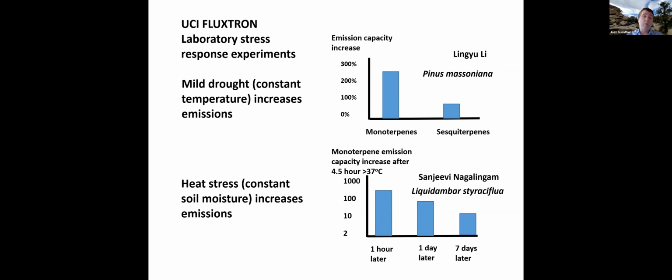And in this way, we can see that at least in these potted plants in the growth chamber, both drought and temperature are important. And we're starting now to look at synergistic effects and looking at gene expression. So we can try to understand what's a biological response and what's a physical response.